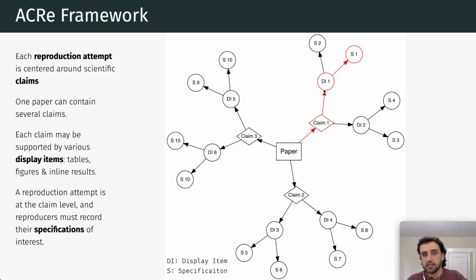And each of these in itself has a set of specifications that support that main result. So we're going to ask reproducers to identify this path: what's their target claim, what's the display item that is supporting this claim, and which are the specifications that are core to the reproduction exercise.